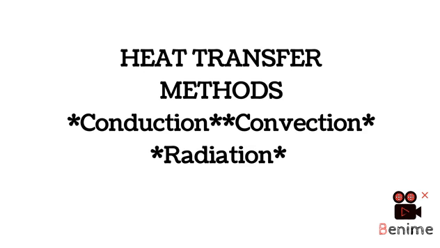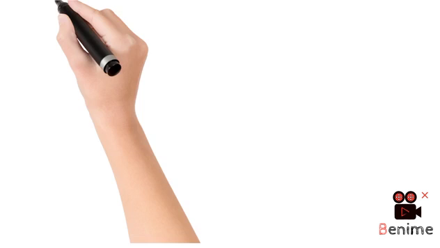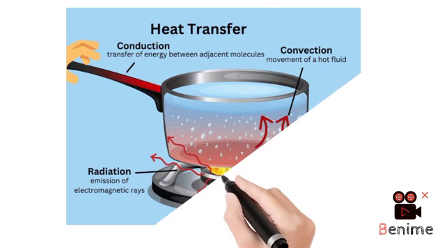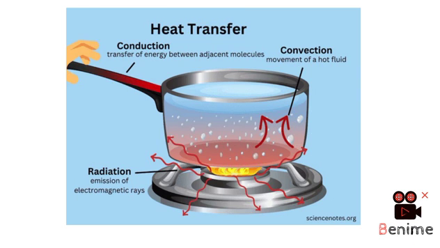How does the heat transfer? By what medium is heat transferred from one point to another, from one body to another? So it is on that basis we have conduction or convection or radiation. A particular heat transfer could be by one or more of these methods.